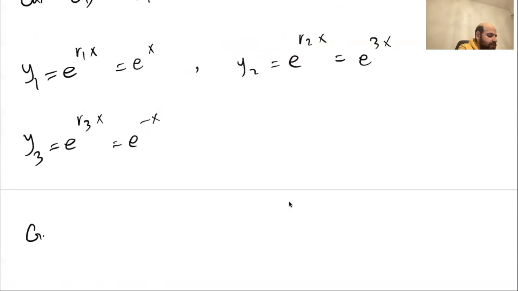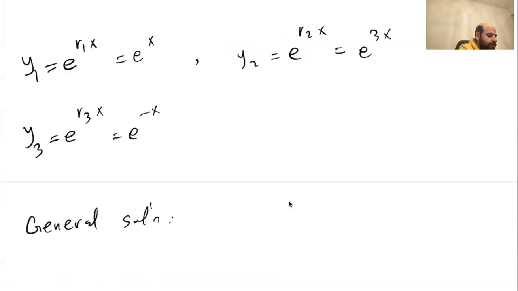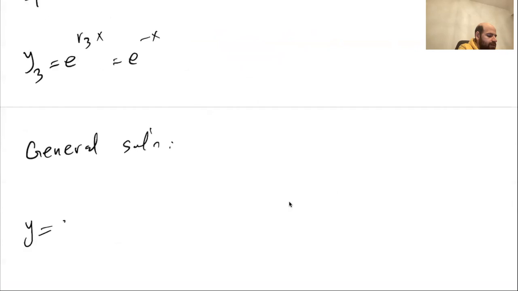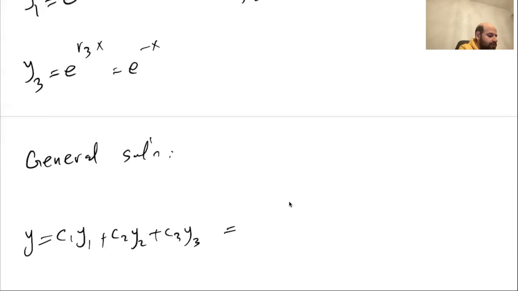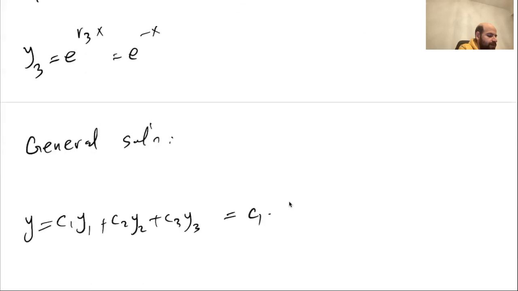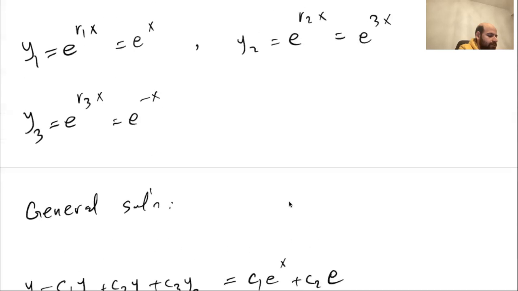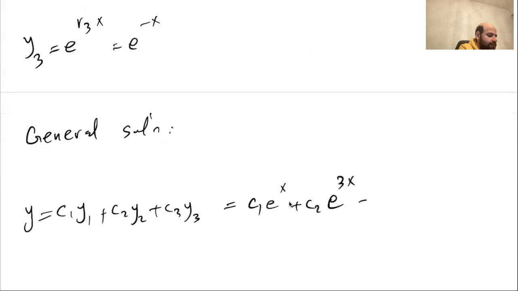And then the general solution will be y equals c1 y1 plus c2 y2 plus c3 y3. That's going to be c1 e to power x plus c2 e to power 3x plus c3 e to power minus x.